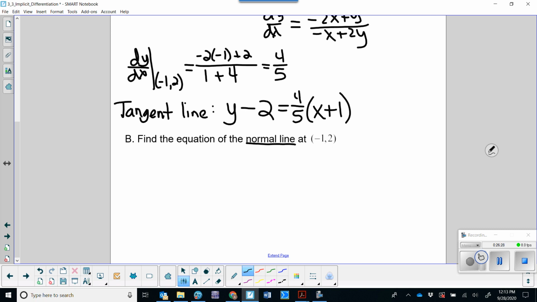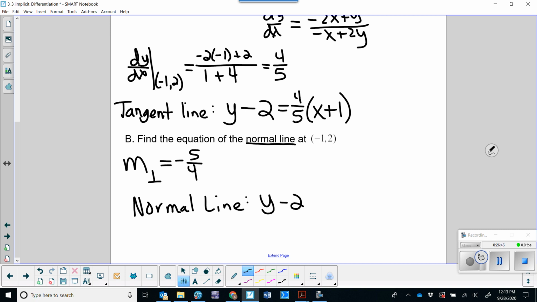Okay, so we know that if a line is perpendicular, the slope of a perpendicular line to 4/5 would be negative 5 over 4. So the equation for the normal line would be super easy. Because we wrote it in this form, it would still just be y minus 2, but it would be negative 5/4 instead of positive 4/5, and that's it. That would be the slope of the normal line.